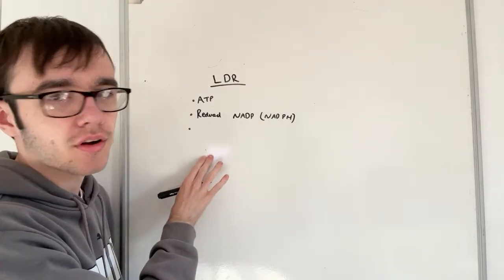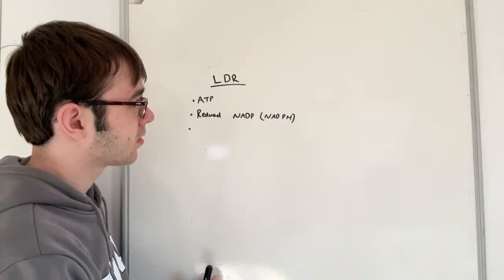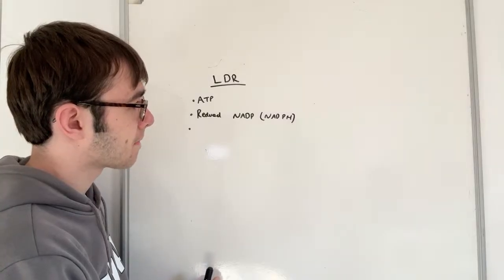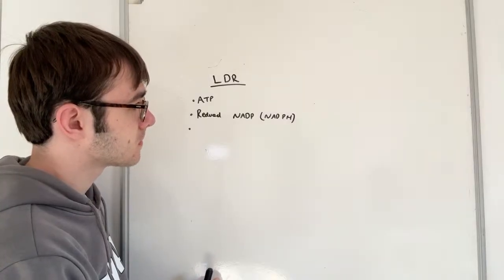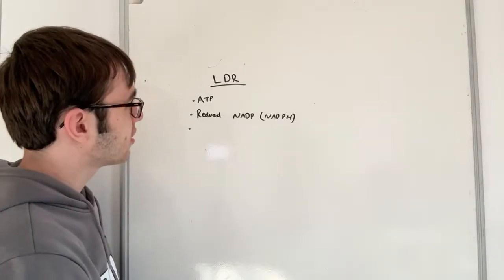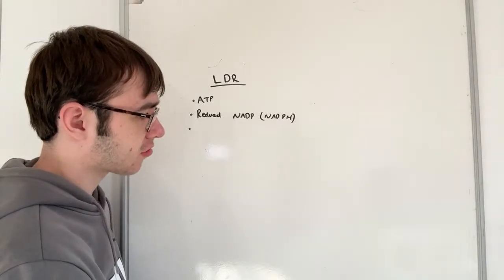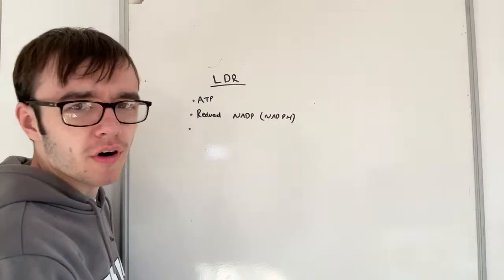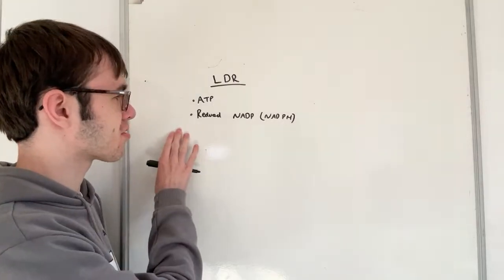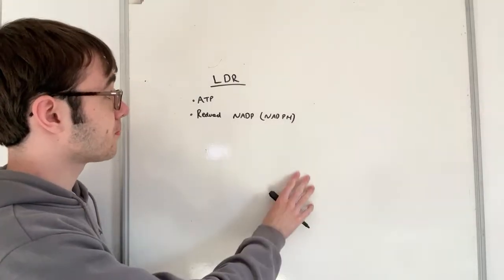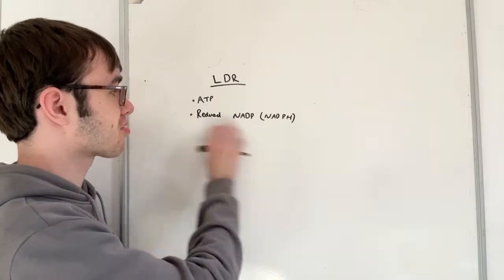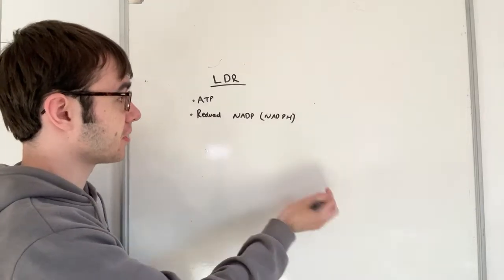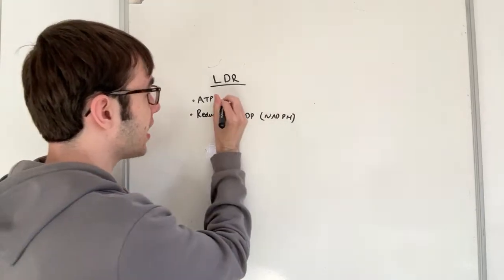There's another product, what's it called? Oh, I don't remember. There's another product of a light-dependent reaction. Water? But I don't think that matters anyway. Anyway, the two products we focus on are ATP and NADPH.